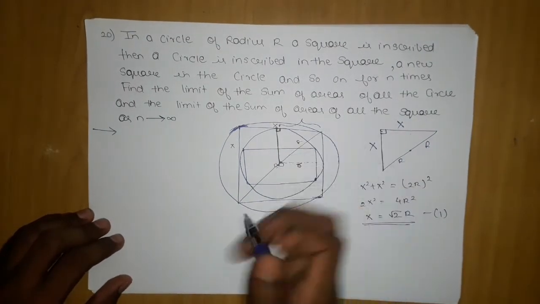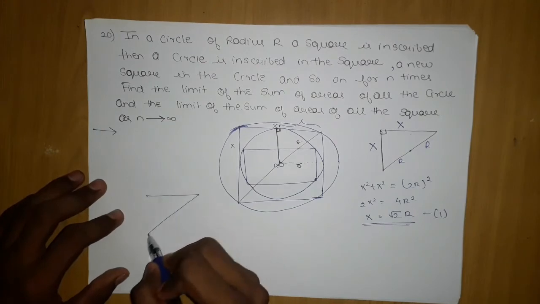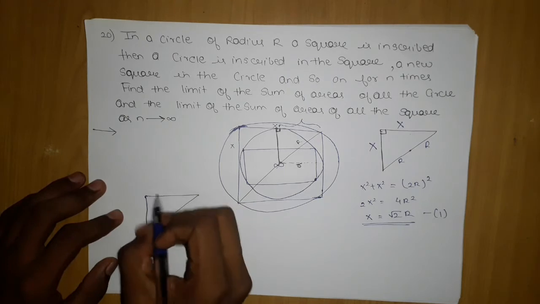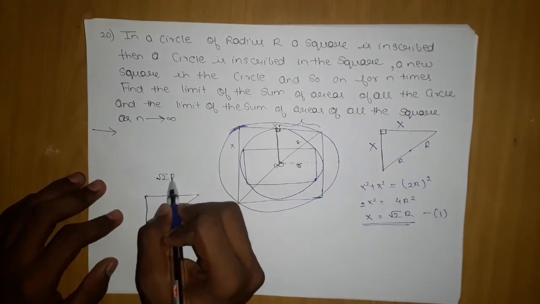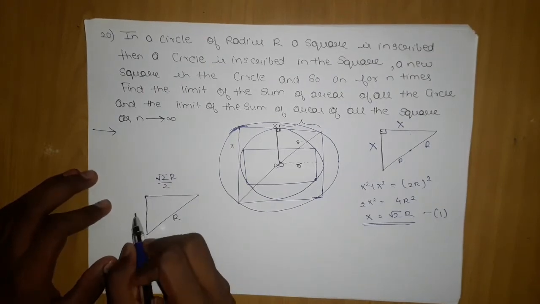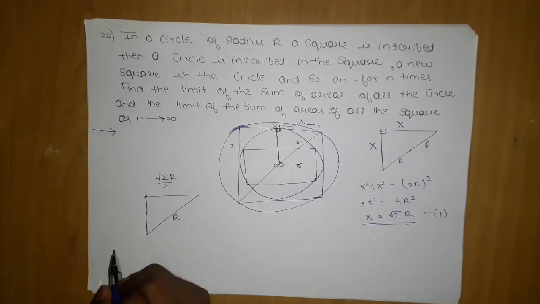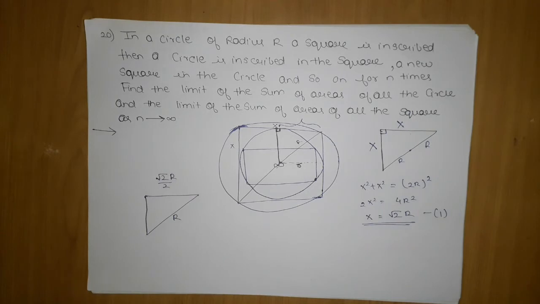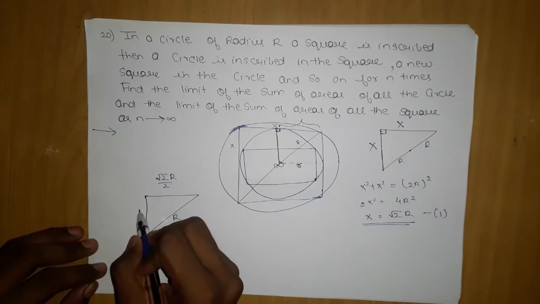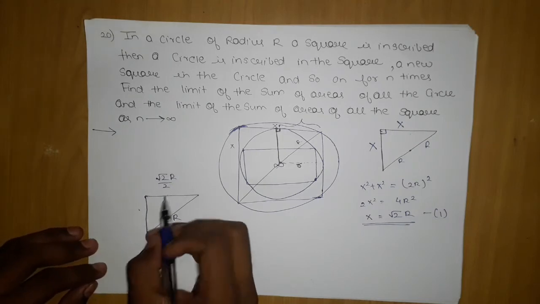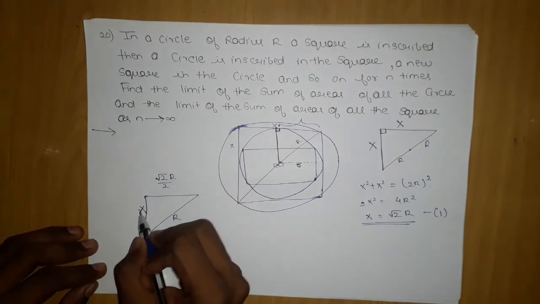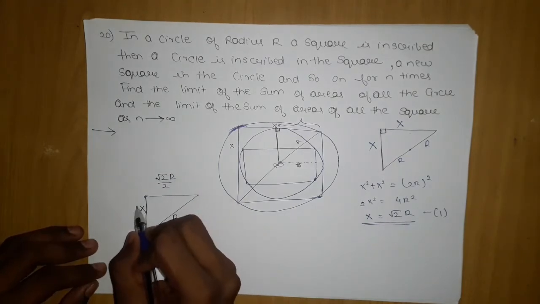Now let's consider this right angle part. This will be root 2 r by 2, this length is r, and what we need is this length, which is half the side of this square. We will call it some y.